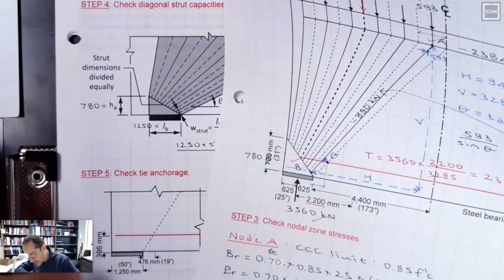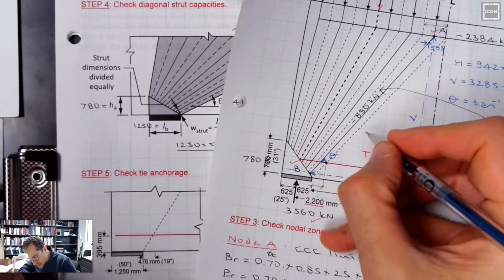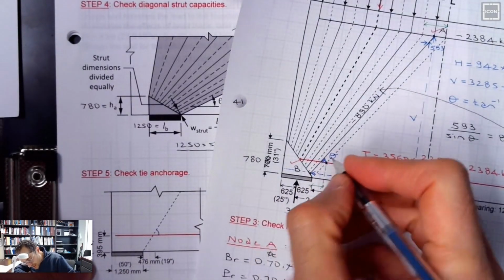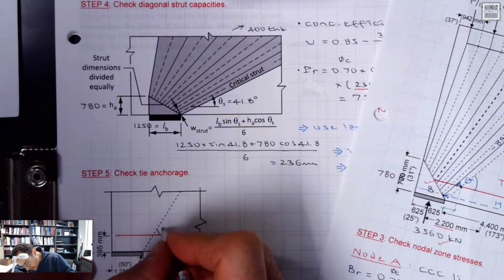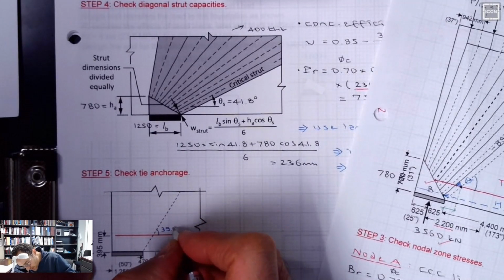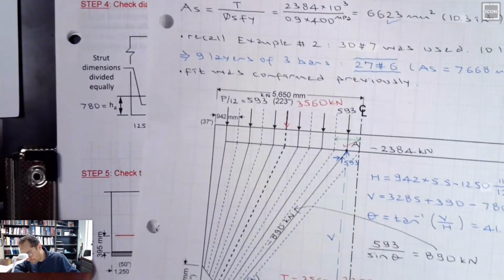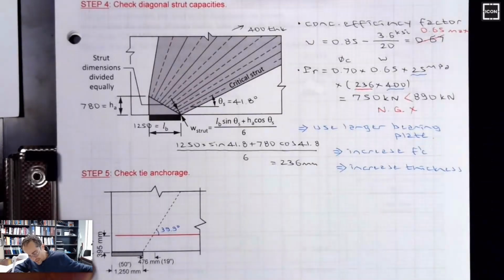So if you look at my enlarged section, this dotted line is the same as this dotted line. So this angle is not theta, but that angle is this angle, which comes out to be 39.9 degrees. So you can calculate that using trigonometry. It's going to be less than theta, so it makes sense.